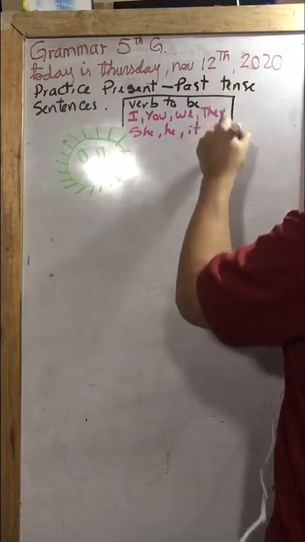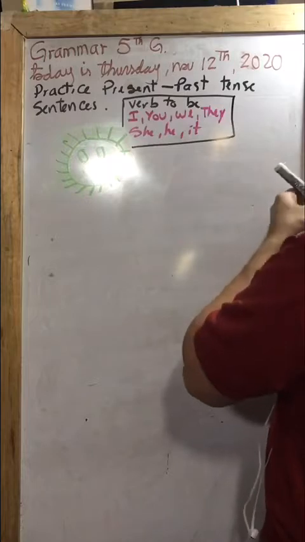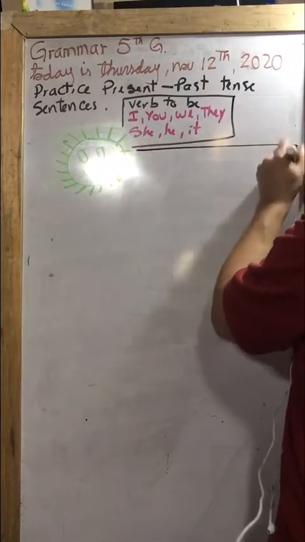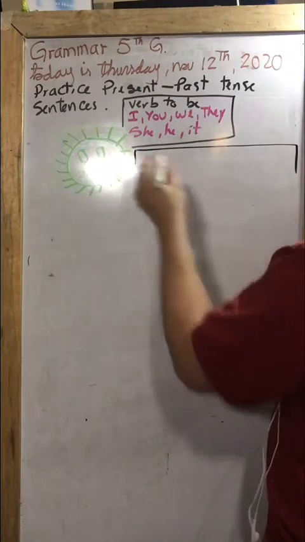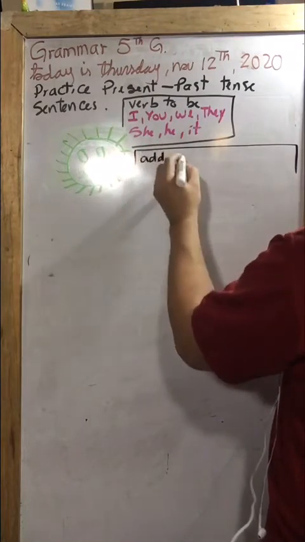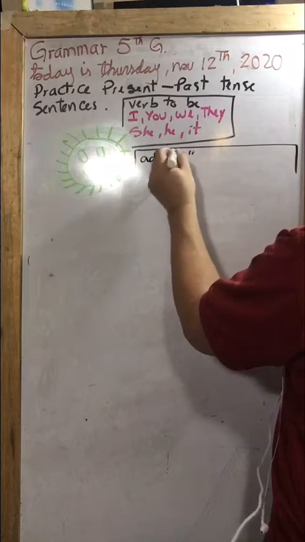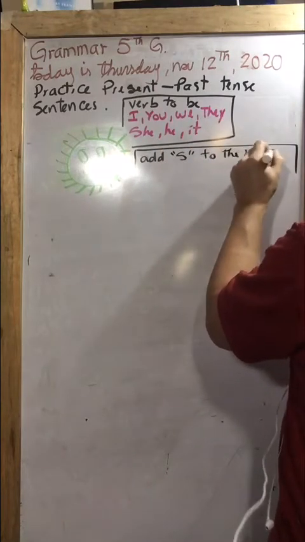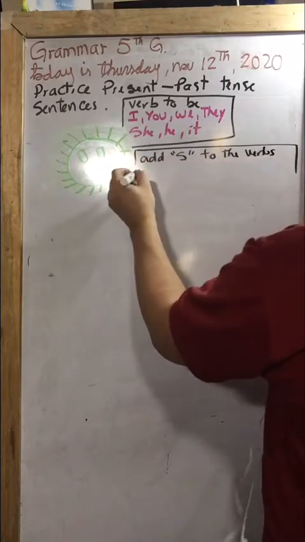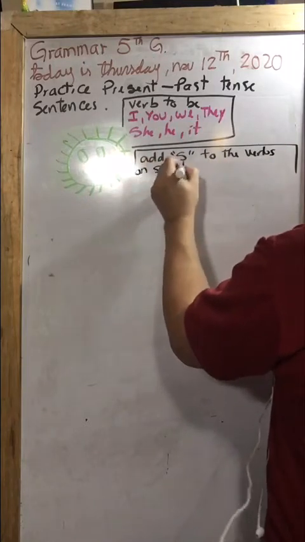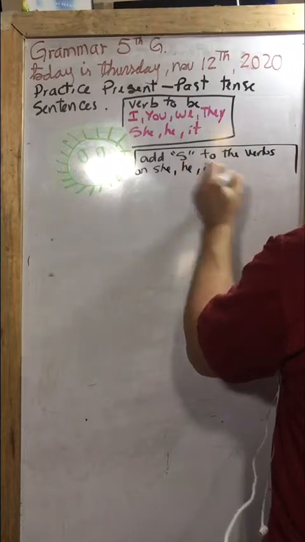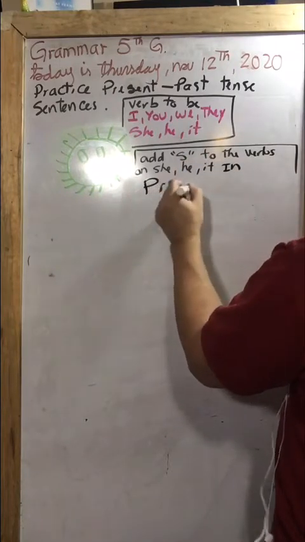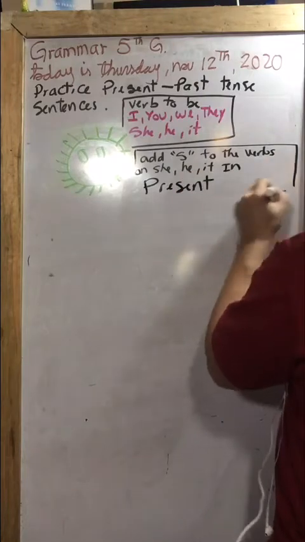And the next rule is: add s to the verbs on she, he, and it in present, only in present.